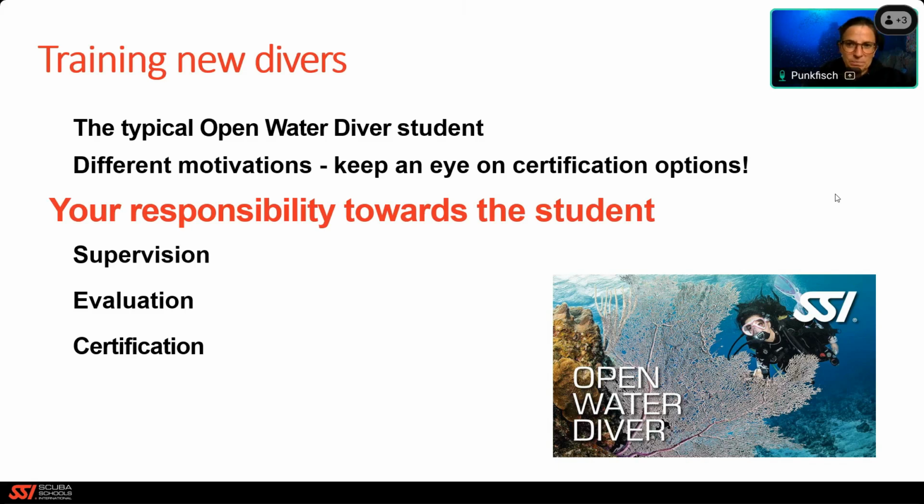The challenge is sometimes to do the course in the appropriate way for this person and use the freedom that we have in the course structure to adjust a little bit towards what is most needed for this specific person.